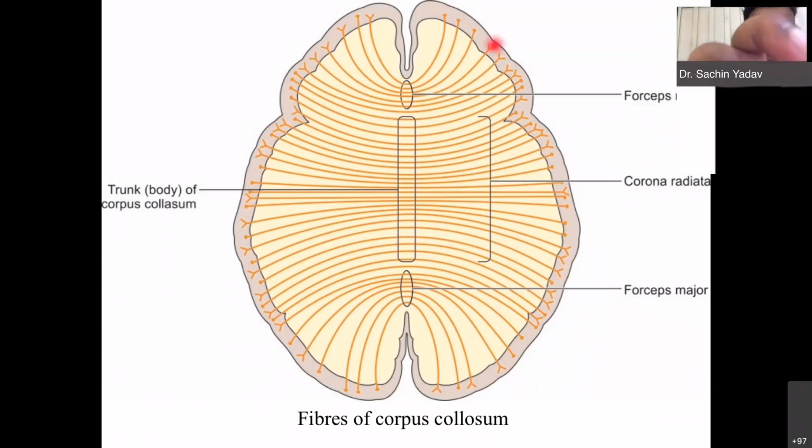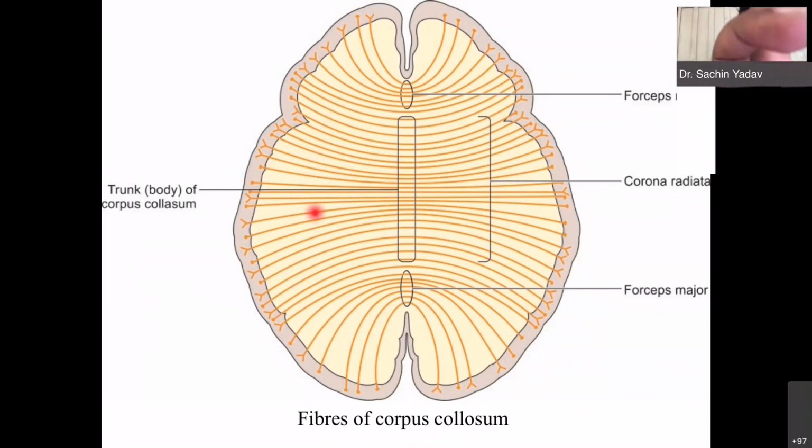You can see this is the cortex of the cerebrum, the cerebral cortex, that is the gray matter area. The gray matter is sending fibers or receiving fibers, corticofugal or corticopetal fibers. These fibers coming or going out of the cerebral hemisphere pass through this white matter core, converging here and diverging like this.